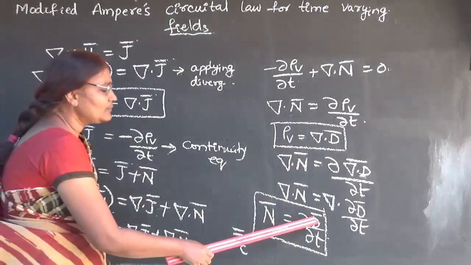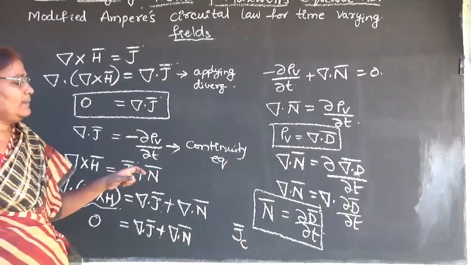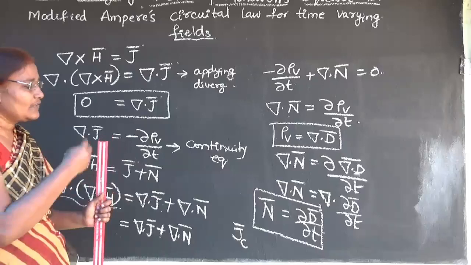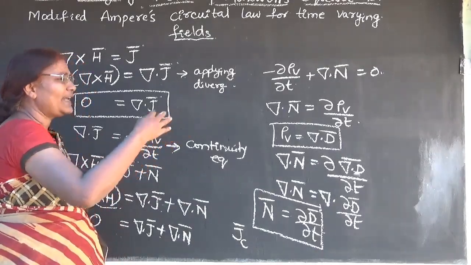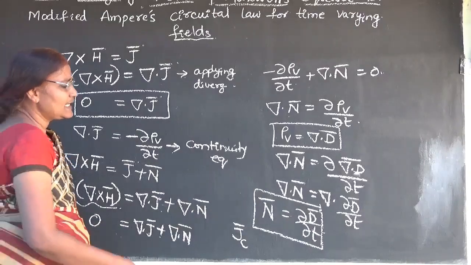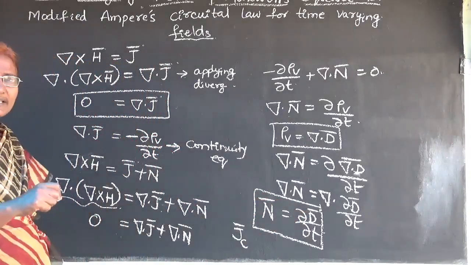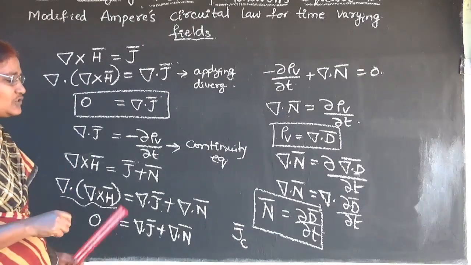What is D bar? D bar is the flux density. That is the flux moving out of the surface per unit area. This is the flux density. And what have we learnt about the flux? Flux is nothing but charge.